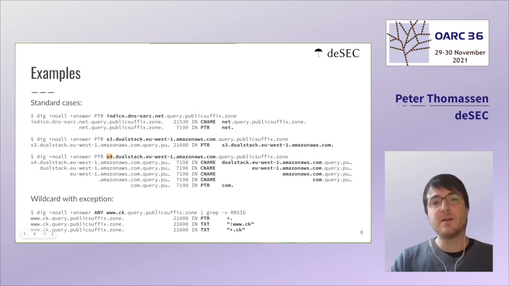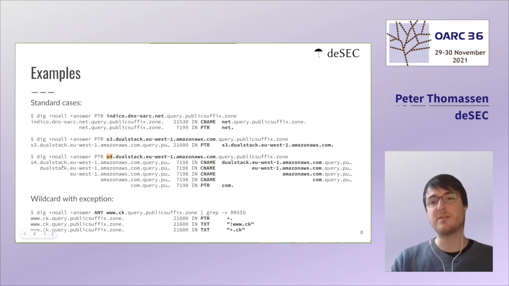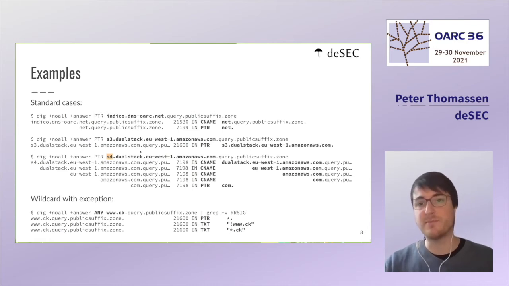And my understanding is if you have star.com CNAME pointing to the com entry, and then you add the S3 PTR record with all the intermediate layers here, then that would make the wildcard not apply on the intermediate levels, I think. At least I believe I tried that and it didn't work, or at least didn't work reliably. But maybe somebody else who knows more about DNS resolution can weigh in.